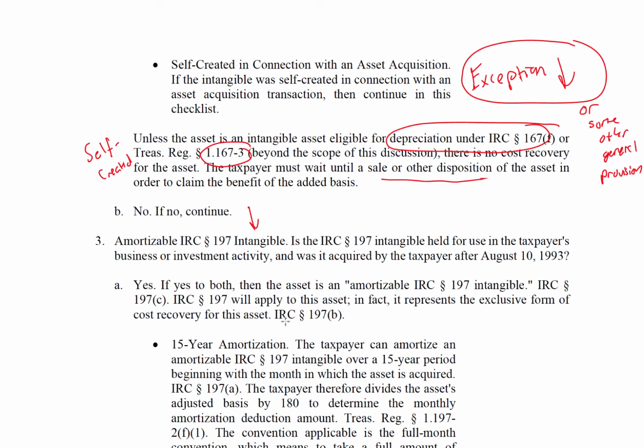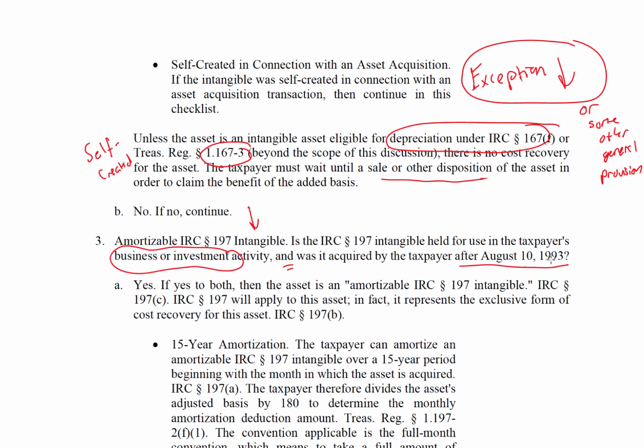Finally, is the Section 197 intangible held for business or investment activity? If it's personal, you can't amortize, and you're not going to be able to get any cost recovery until you sell it. And was it acquired after August 10th, 1993?